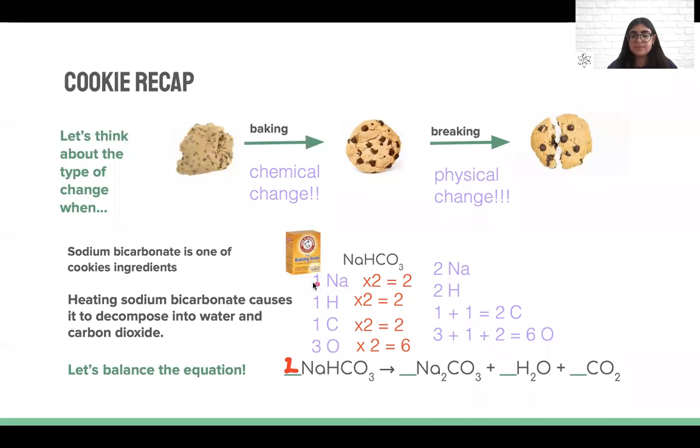Because look, 2 sodiums on this side, 2 sodiums on this side, 2 hydrogens, 2 hydrogens, 2 carbons, 2 carbons, and 6 oxygens, 6 oxygens. So that's it. All we needed to do was put a 2 there. And that just goes to show that sometimes, even though chemistry might seem a little bit complicated, it's actually somewhat simpler than you think, or than it appears at first.